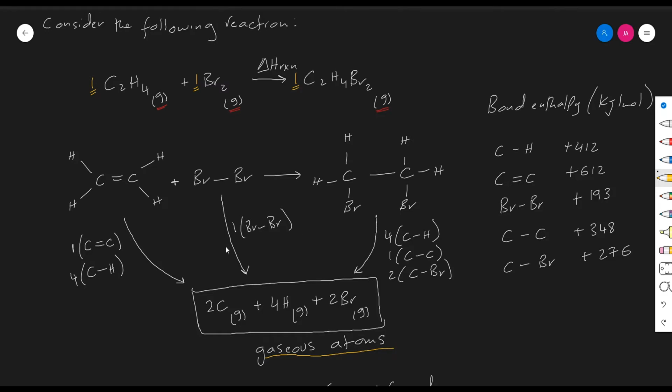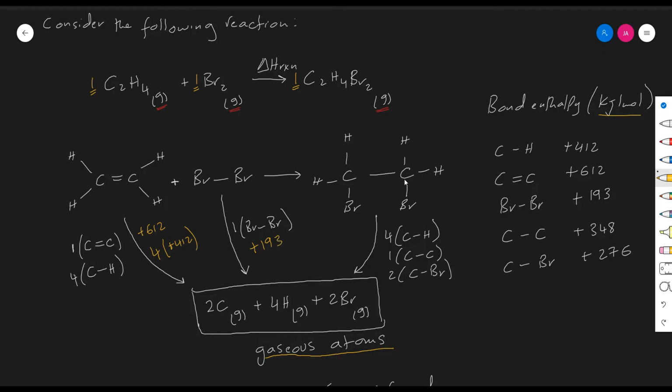Thus, the value to break 1 bond of C double bond C is 612, so I would have positive 612 here. And the value to break 4 C-H bonds would be 4 multiplied by positive 412 kilojoules per mole. These are listed in kilojoules per mole of gaseous bonds. The energy required to break 1 Br-Br bond is listed over here as positive 193. So this arrow would be represented by positive 193.